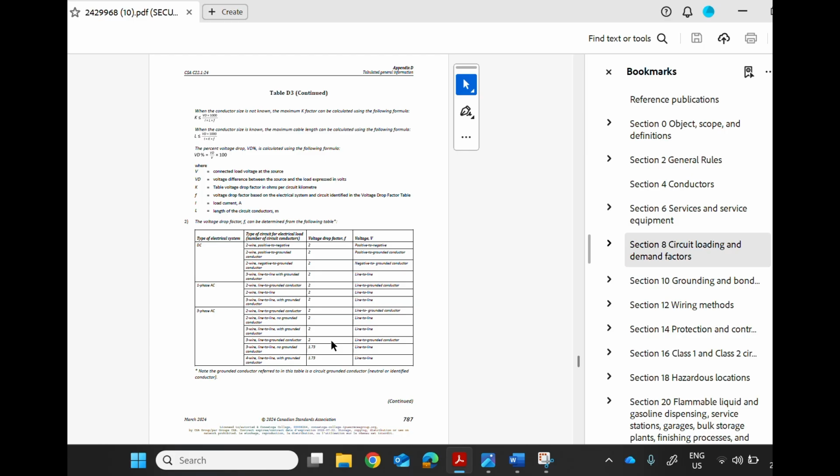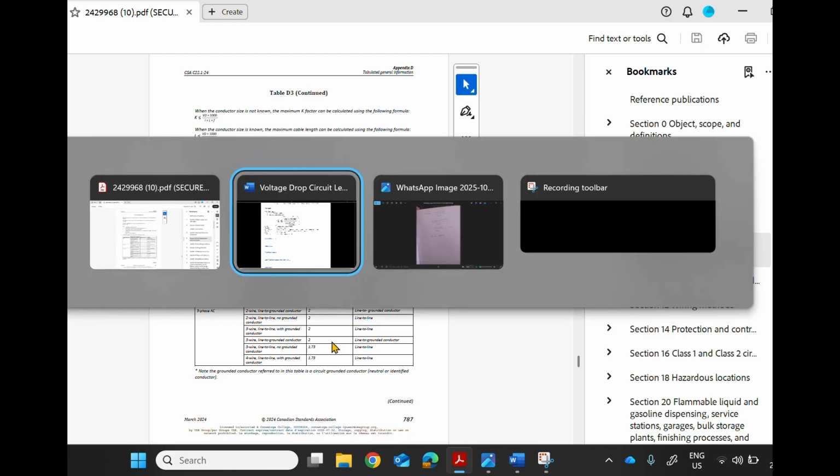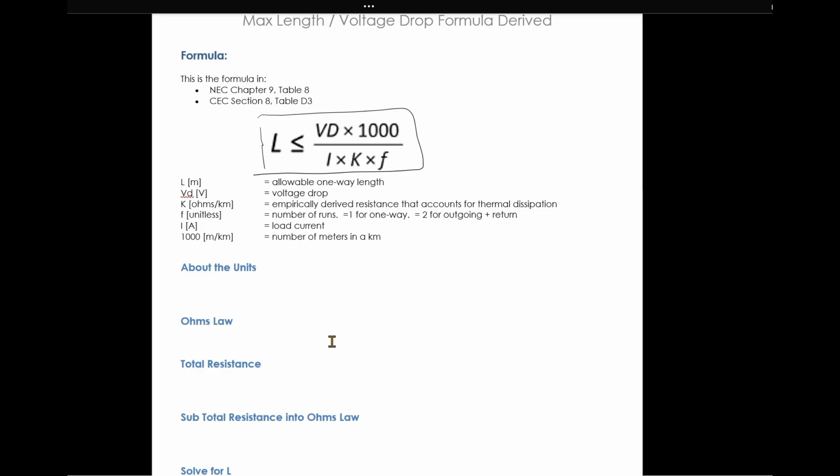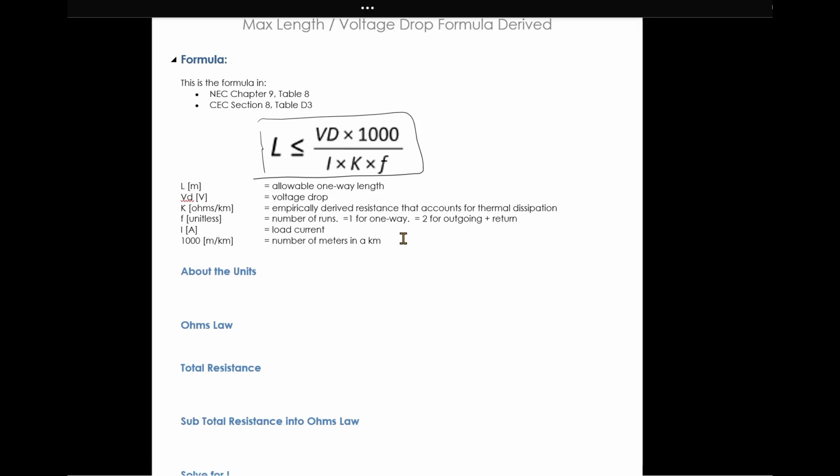But anyway, let's look at this formula and see where it actually comes from in physics, because I can explain that to you. In the code book, there are not any units explained, and it's really important to look at these units, because you notice both in the Canadian Electrical Code and in the National Electrical Code, you have this factor of 1,000. That's because this K value is expressed in units in that table.